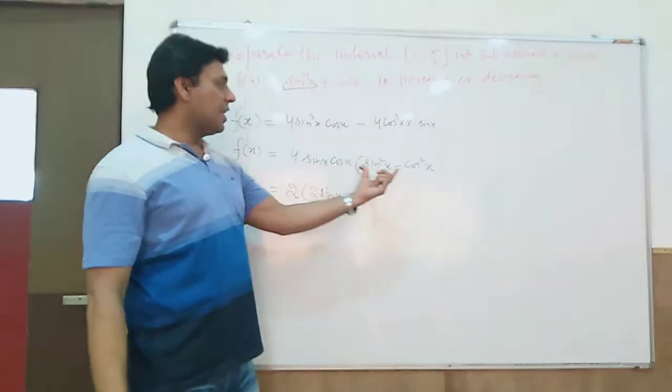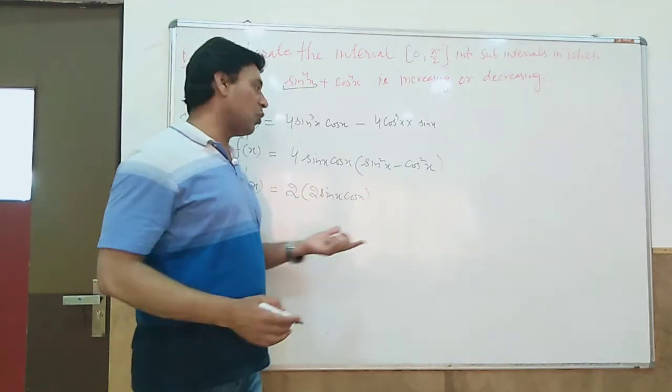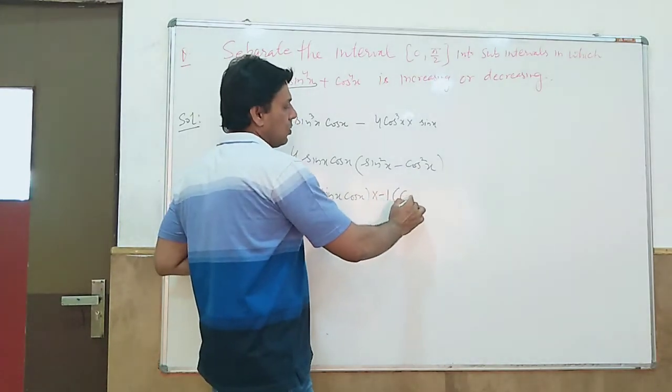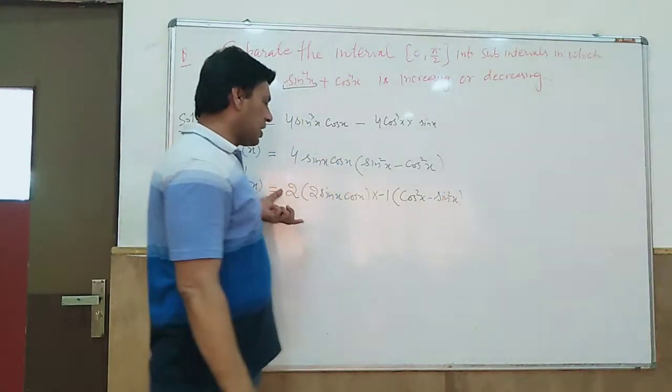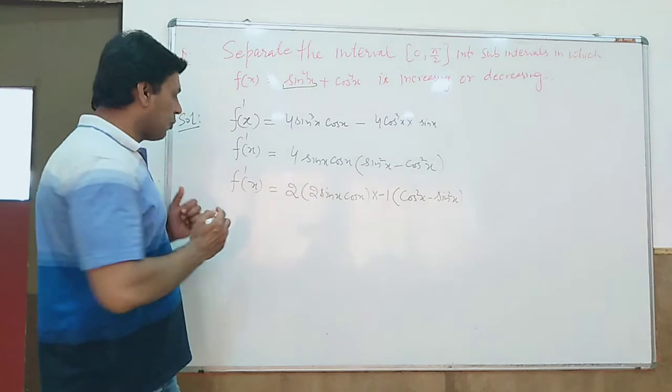And in this bracket, if I take minus 1 common, I can get a formula. So I take minus 1 as common, and I will have cos square x minus sine square x. This is called arrangement, because I am arranging to get a particular formula.